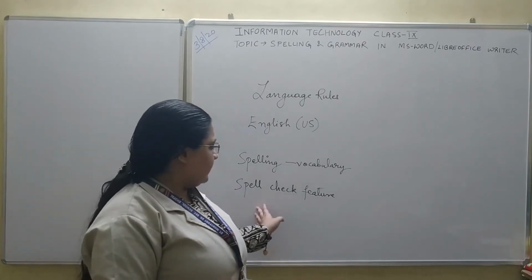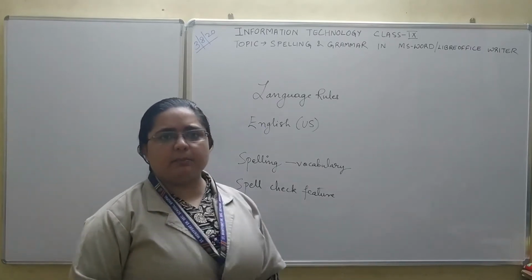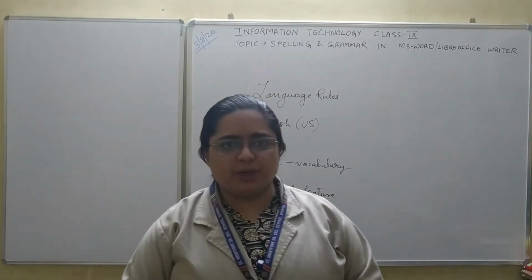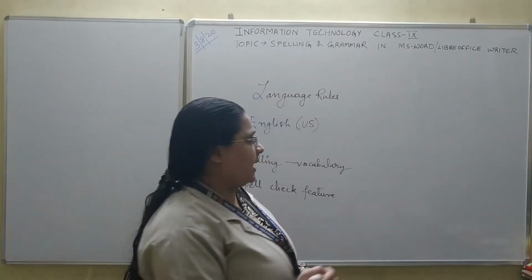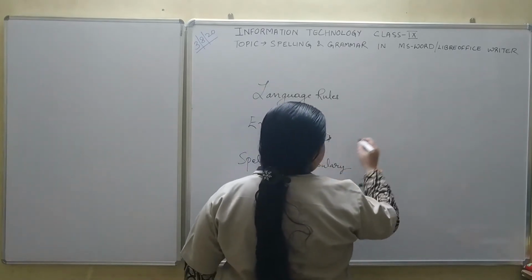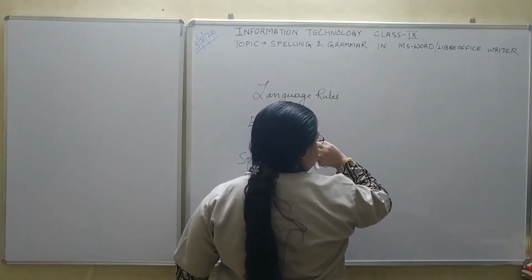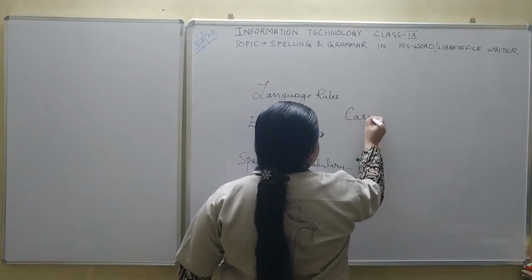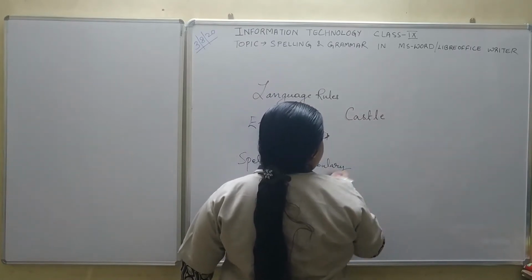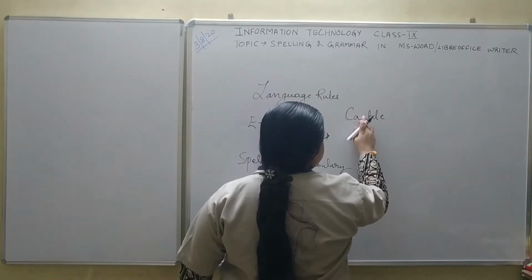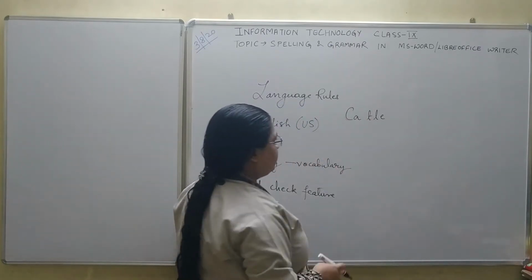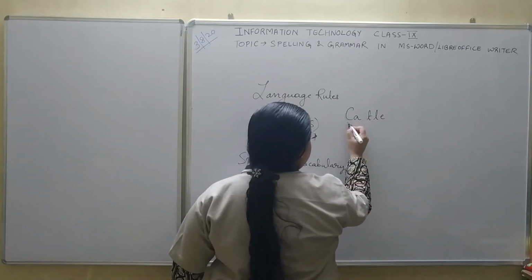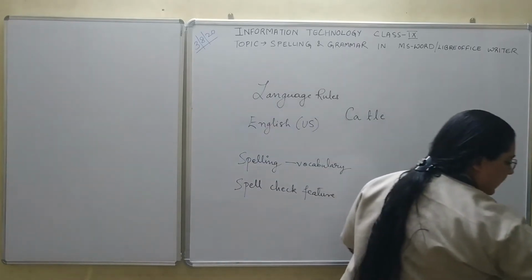Sometimes it works in the background, and the moment you mistype a particular word, it will automatically highlight that word. For example, suppose there is a word castle, and by mistake you have missed out the S over here, so it will give you a red colored line.